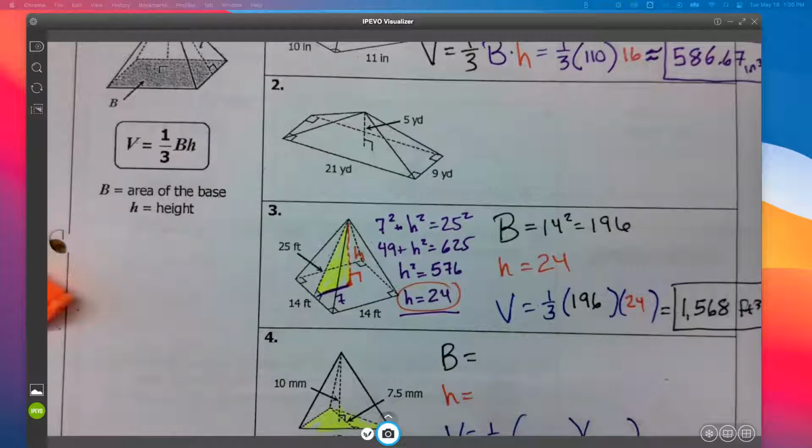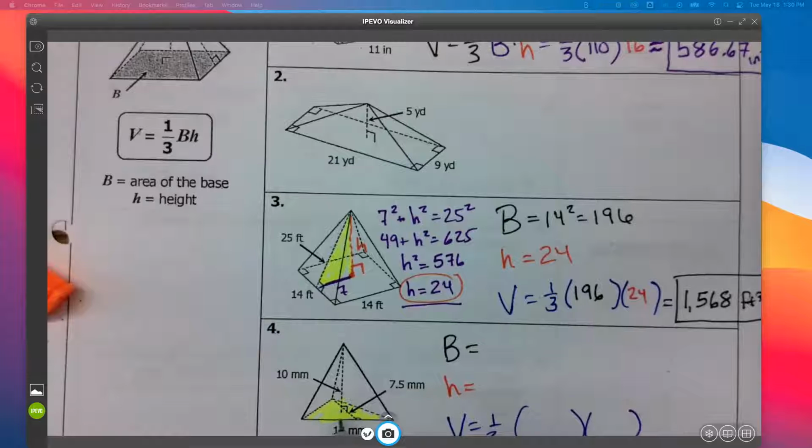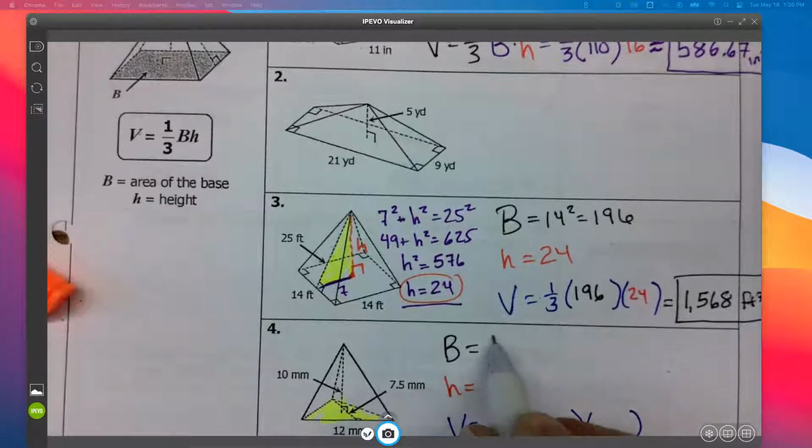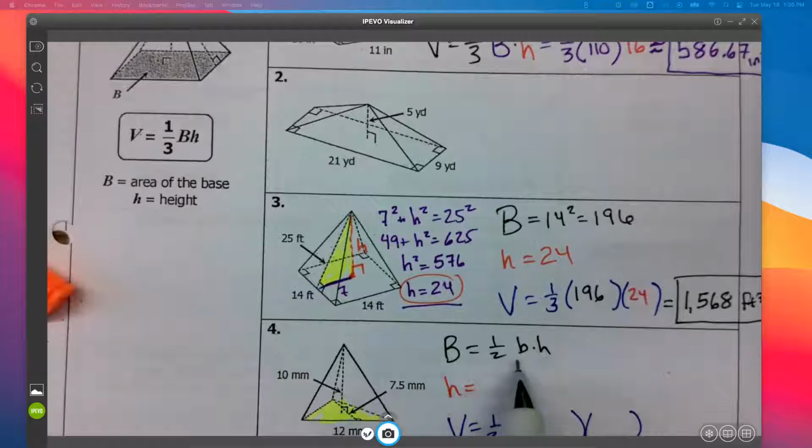If you're finding the base area or the area of a base that's a triangle, what's our formula for that? 1/2 base times height. And this messes with people. The fact that I've got a B for base here, and I've got a big B that I keep saying for base here, but this is the area of a base, whereas this is the base of a two-dimensional triangle I'm trying to find the area of.